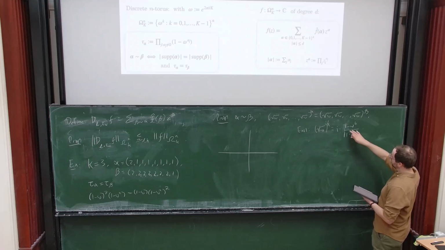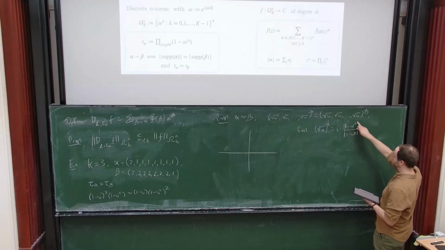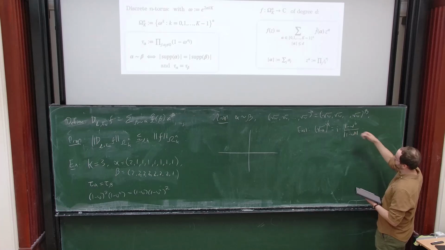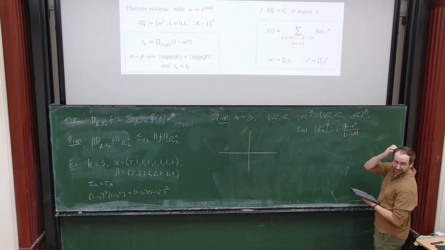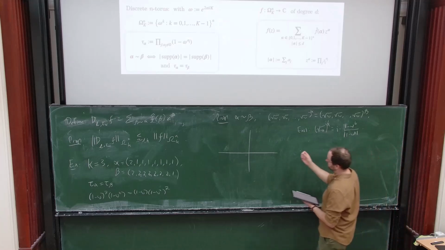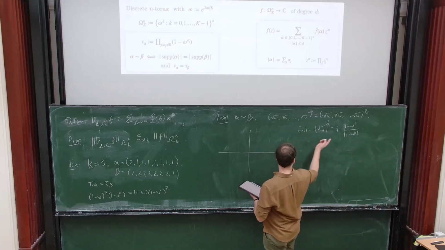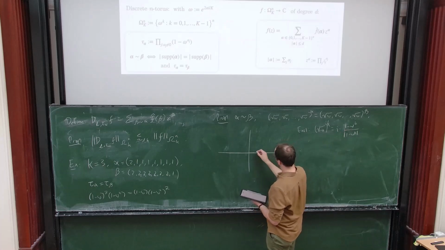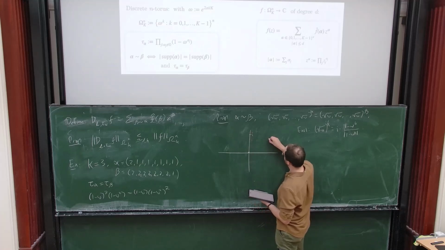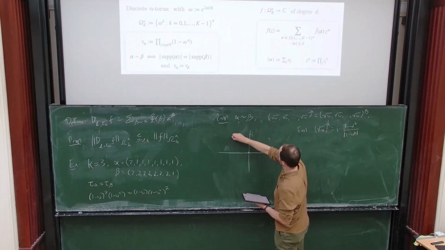We let k go through all its possibilities. We can just draw for all k what these points are. I'm rotating it, so here's i, and if k is 5, let's say these are the points.